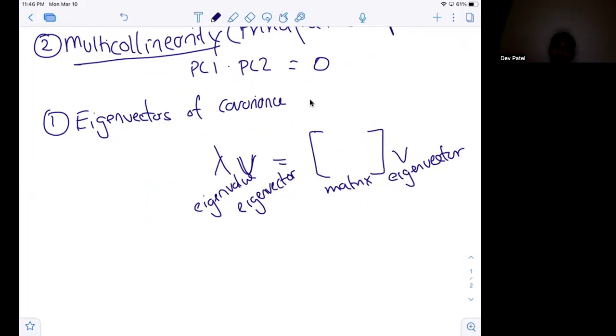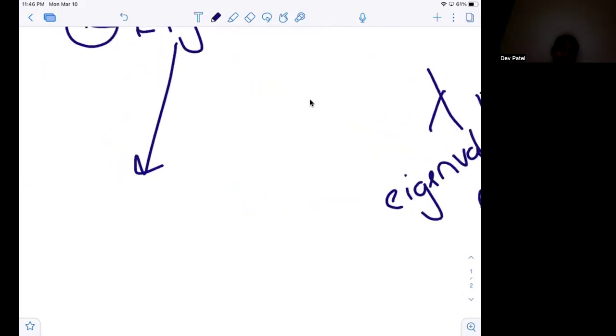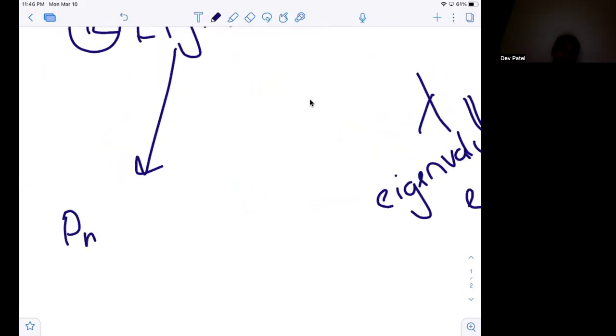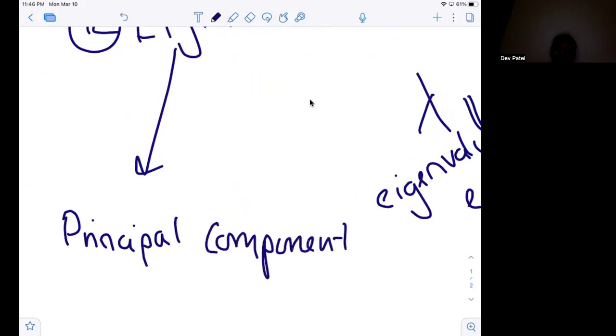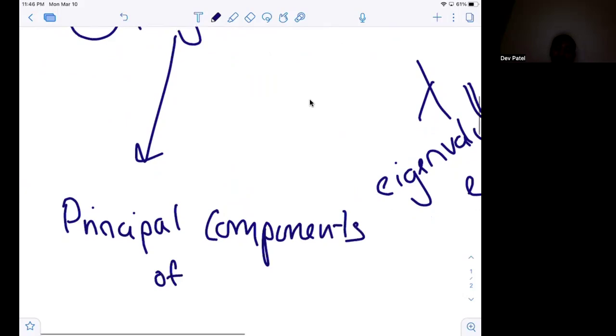Multiplying an eigenvector by its eigenvalue is equivalent to the matrix transformation on that eigenvector. So that's one of the beauties about eigenvectors. Now, once you normalize them, these eigenvectors are actually the principal components of the new feature space.